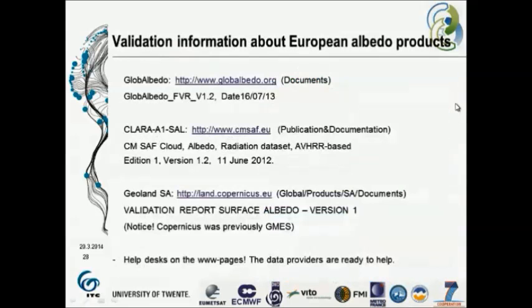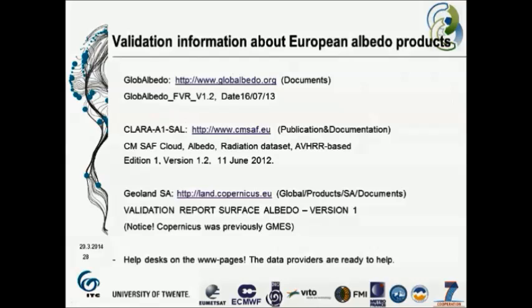Okay, to finish off, here's some validation information that is available regarding the products we've talked about here. For GlobAlbedo, and for all of them, you can see the websites there, and the associated validation reports are also available through those websites, and it's a really good idea to look at them.